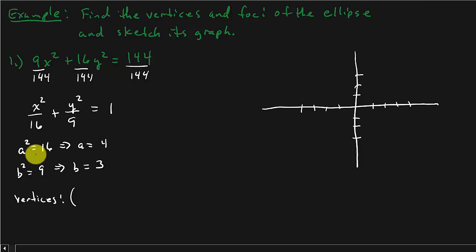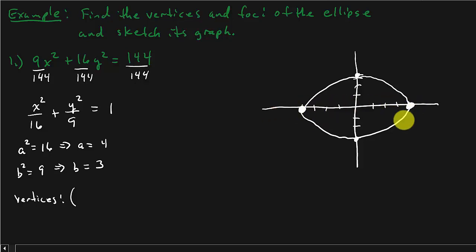All right, so a, that's underneath the x squared. So we got here and we've got here. The b, that's going to be up 3, down 3. And let's see if I can draw this half decent. All right, there's my major axis right here.